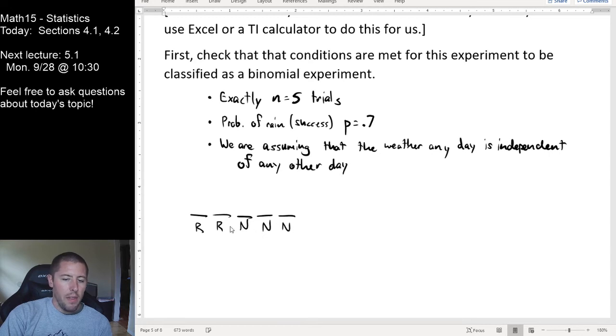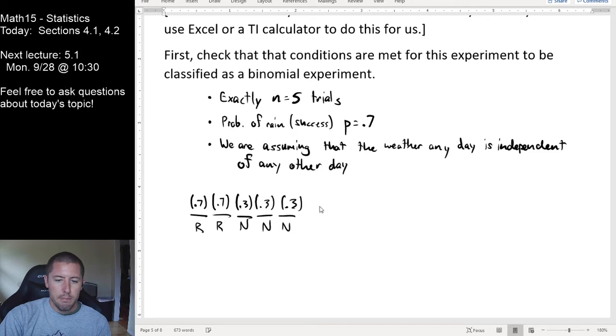If things go down like this, then that means that there was a 70% chance of that event occurring on Monday, and, meaning do multiplication, a 70% chance of the rain event on Tuesday. Then we would have 30% chances each on Wednesday, Thursday, Friday of seeing no rain. This would be one way in which we could get a success associated with this guy right here.